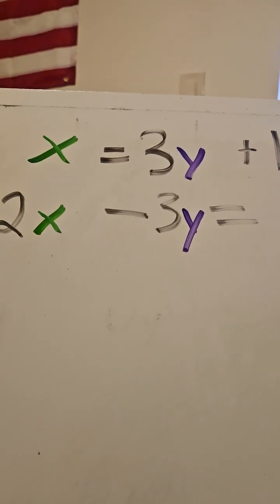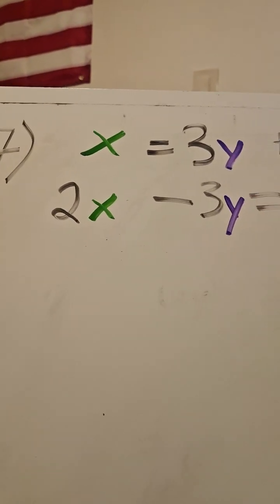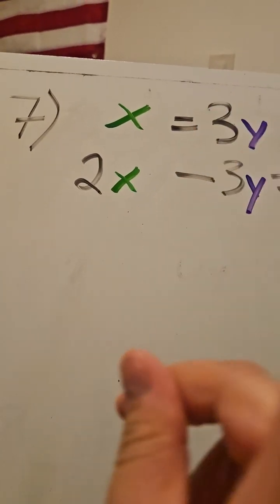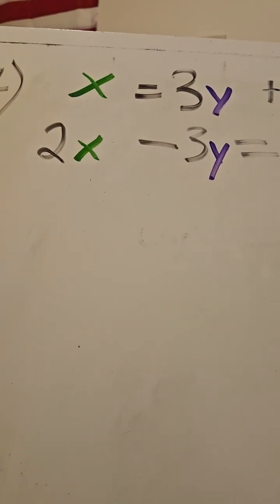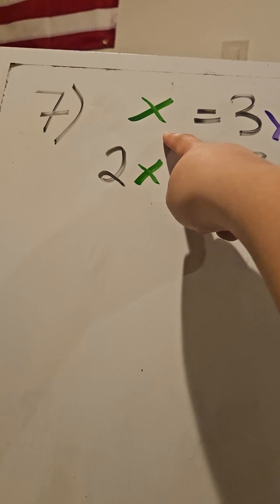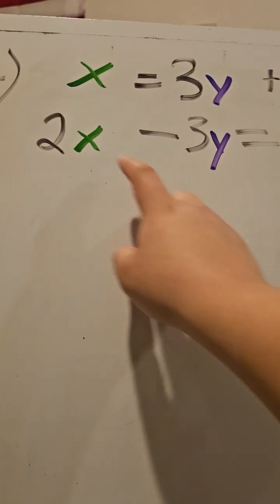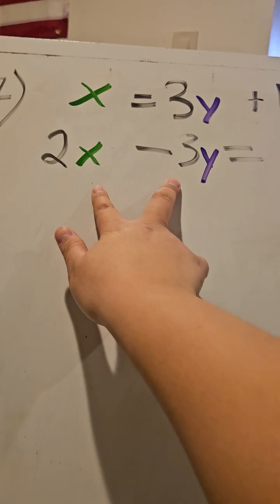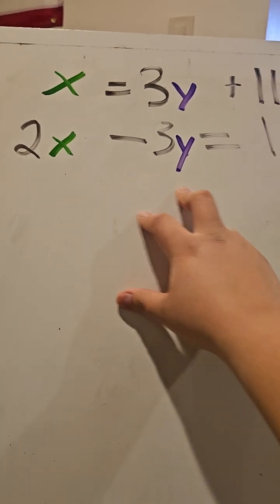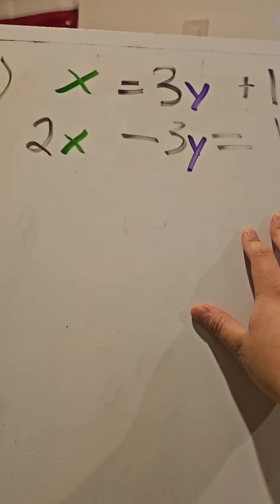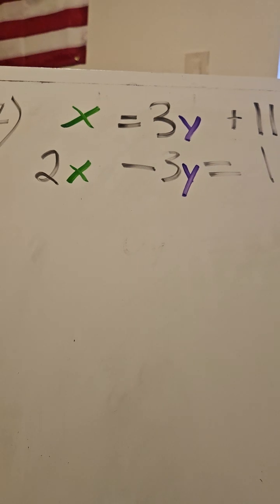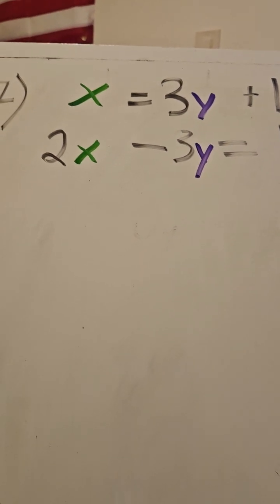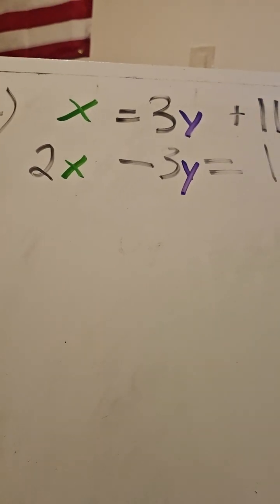And as you can see, we already have two 3s, but wait. The x is on this side of the equal sign without the y, so x and y are on two different sides, and on this one, x and y are on the same side. I don't remember if we're supposed to put them on the same side, but I'm just going to put them on the same side to be sure.